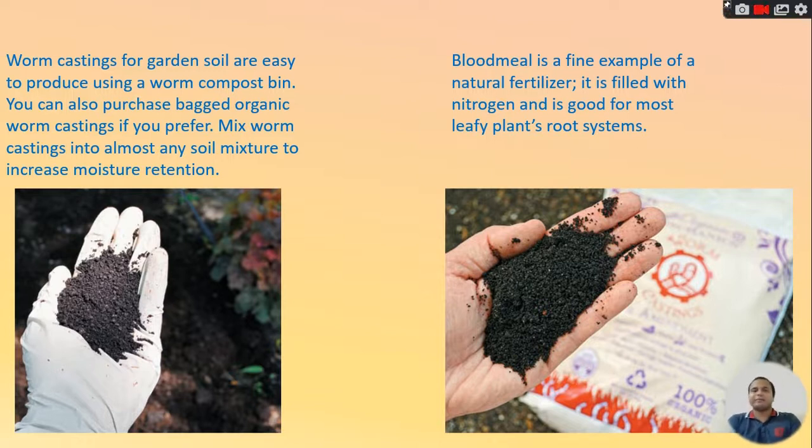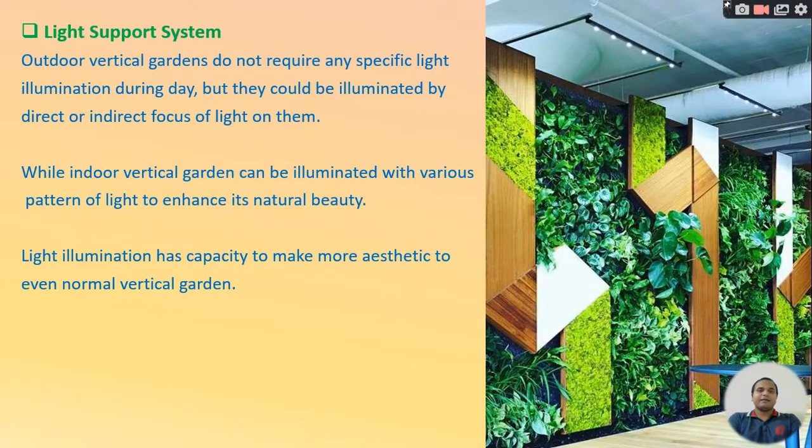Another sort of soil mixed with nutrients used in vertical walls is blood meal, which is a fine example of natural fertilizer. It is filled with nitrogen and it is good for most leafy plants and growing their roots. Last but so important is the light support system.